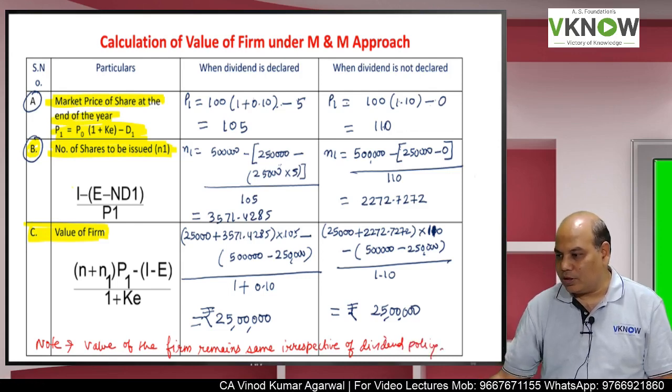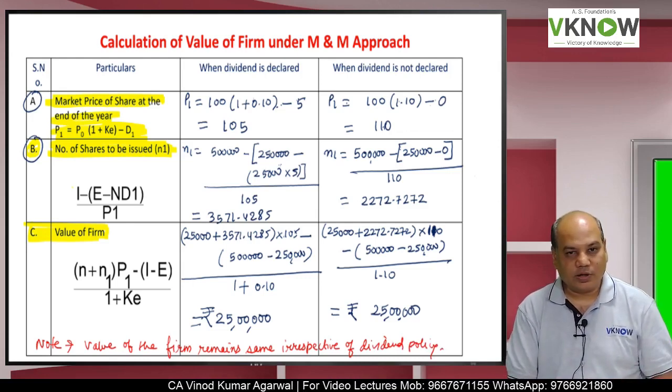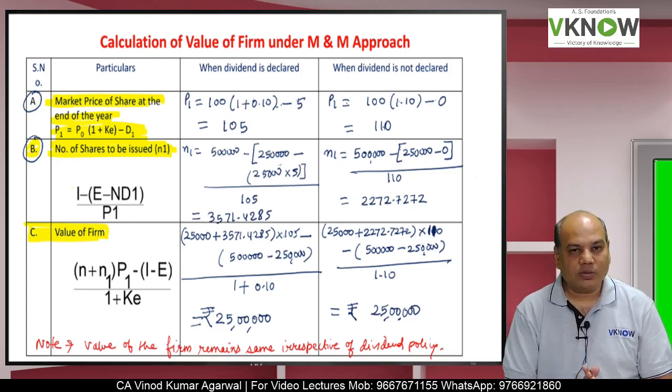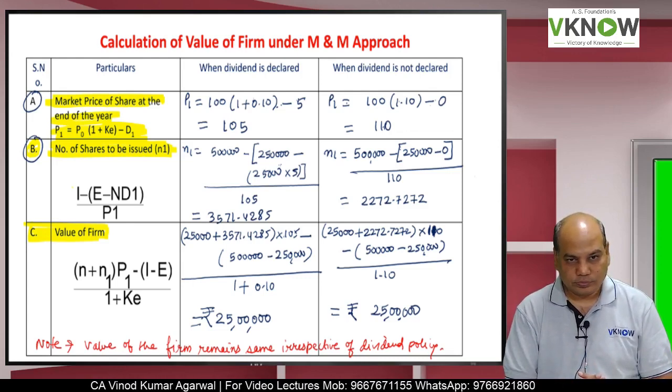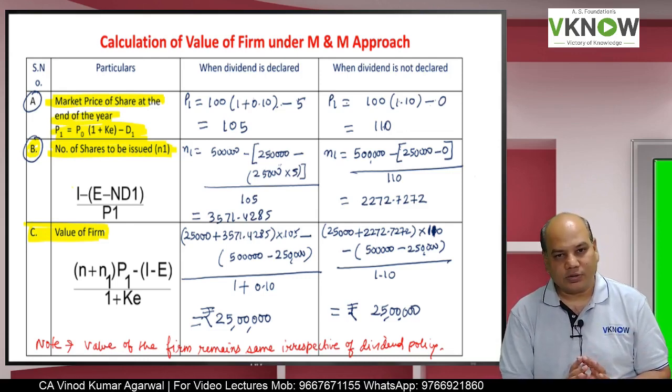So if you pay dividend of 5, then also 25 lakh. If you don't pay dividend, then also 25 lakh. So this is the typical question of Modigliani and Miller approach. Whatever they ask in the exam, accordingly frame the answer.